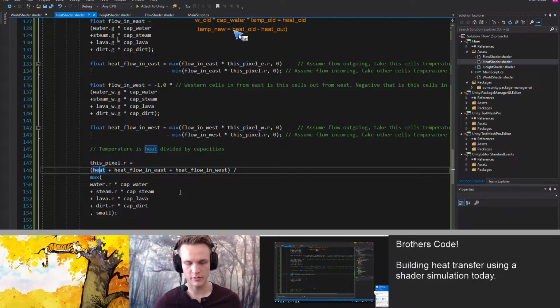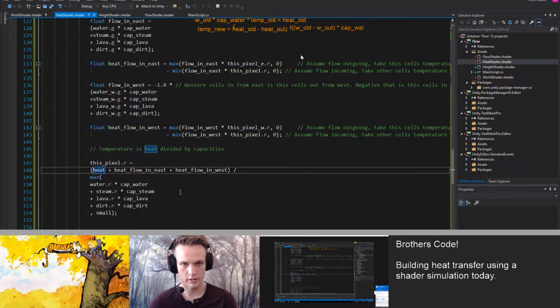Oh, I'm not gonna be able to edit this. Lame. But then, I just ignored how much this sucks. And then over water old, water new. Right, hold on, it's water old minus water out, right?